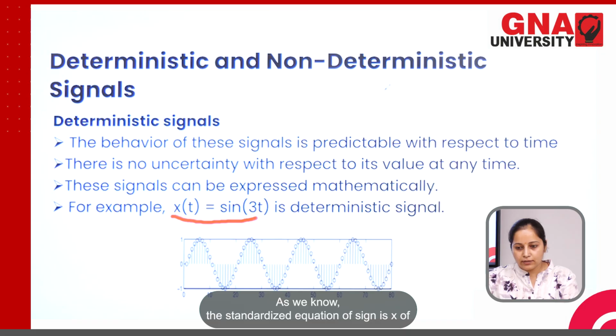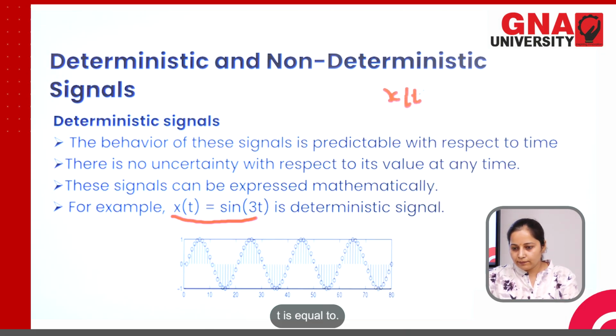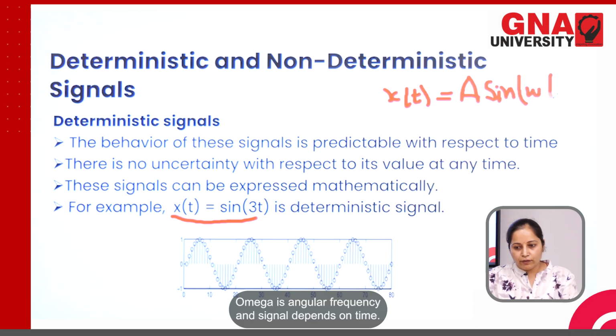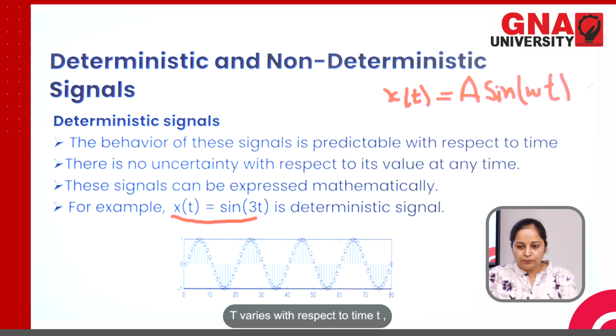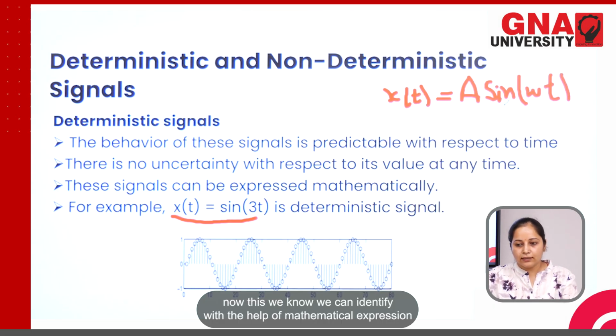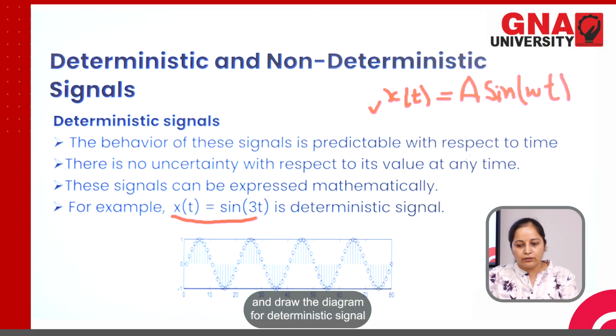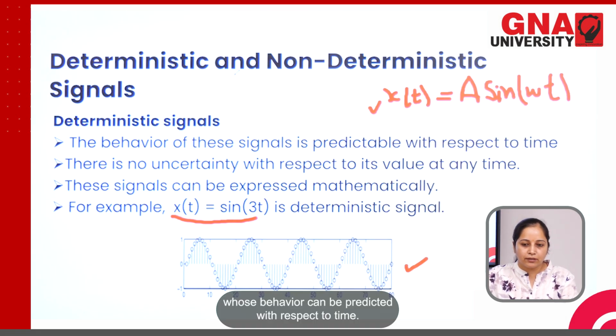As we know, the standard equation of sine is x of t is equal to A, that is the amplitude, into sine omega t. Omega is angular frequency and the signal varies with respect to time t. Now we can identify this with the help of a mathematical expression and draw the diagram for a deterministic signal, whose behavior can be predicted with respect to time.